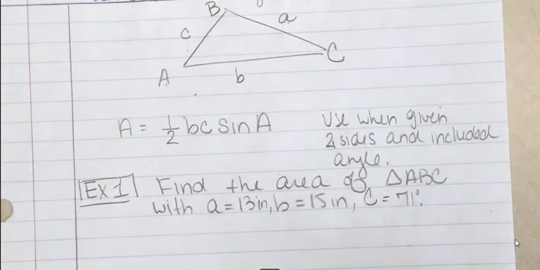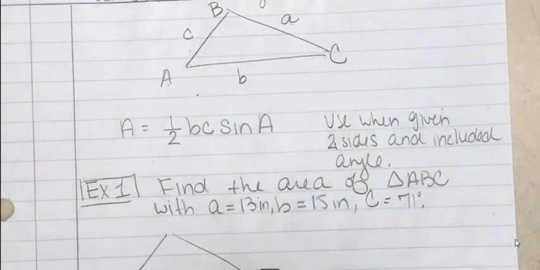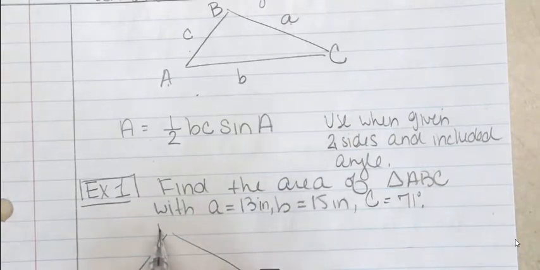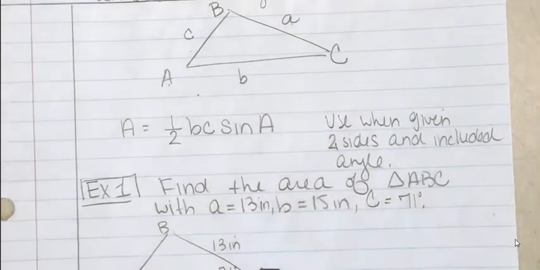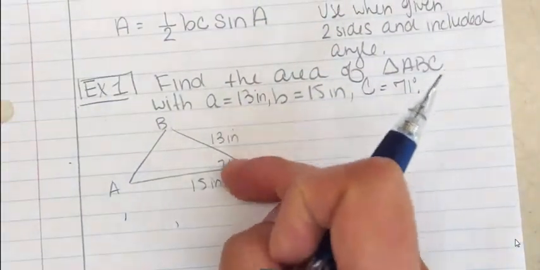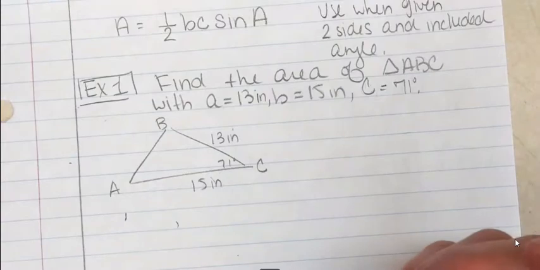So the first thing I would always do is draw out the triangle, just so that you can get a visual of what you actually have. So I can see that I have side, angle, side, as we always thought about this in geometry.